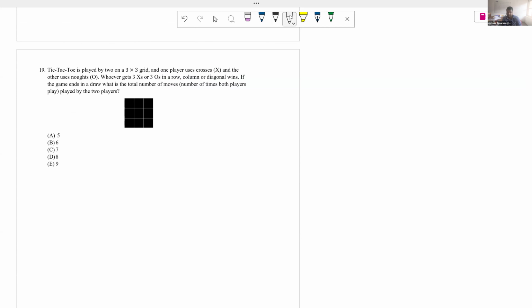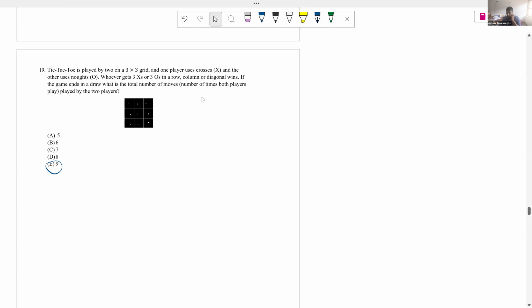If the game ends in a draw, what is the total number of moves played by the 2 players? Well, of course, if the game ends in a draw, then all these 9 should be filled in. Otherwise, you can't say it's a draw. So, without looking at which player starts first, all 9 squares should be filled in. So it should be 9 squares.